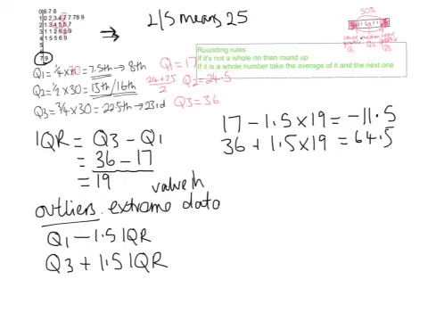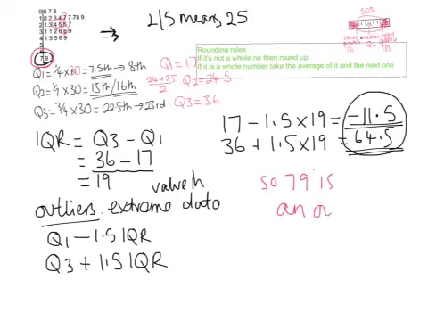So any data that is in between minus 11.5 and 64.5 is fine. And anything that is outside of it, so lower than minus 11.5 or bigger than 64.5, is called an outlier. So you can see really clearly that 79 is an outlier. Okay, that's it.